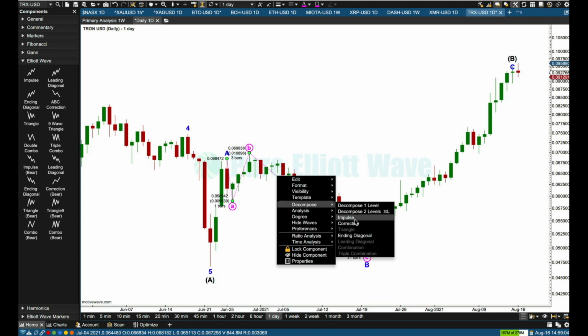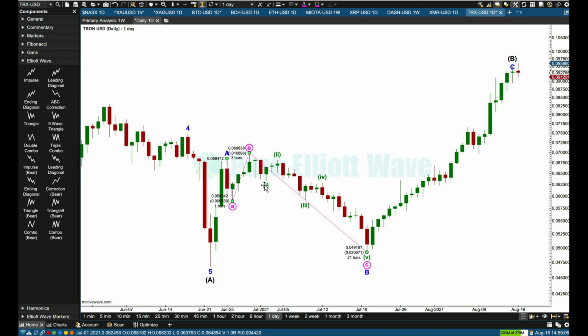So minor B is a flat. What am I going to put here? Has an extended third wave. Oh yeah, this is going to look good.